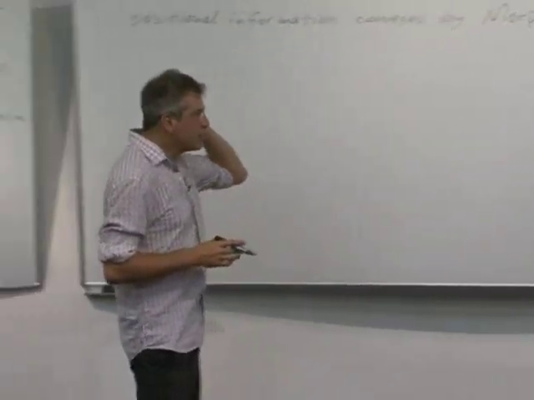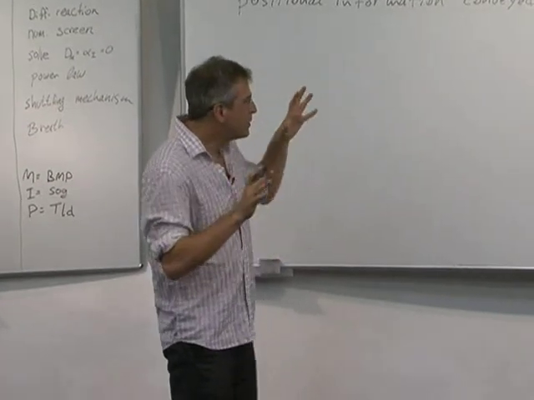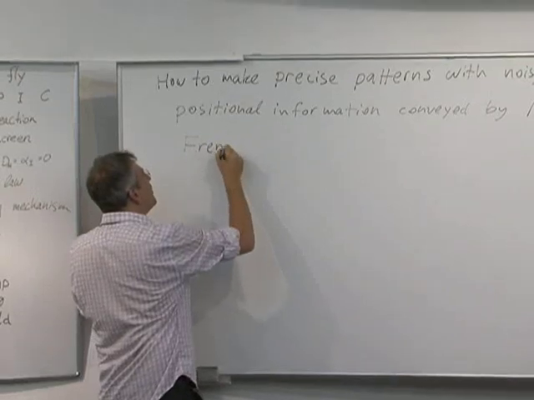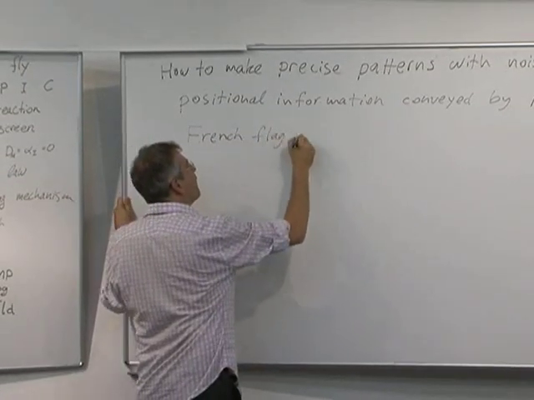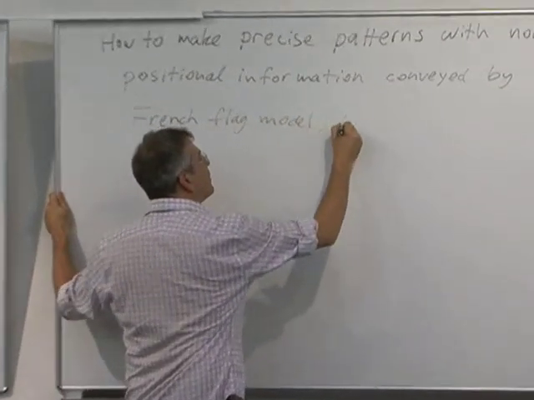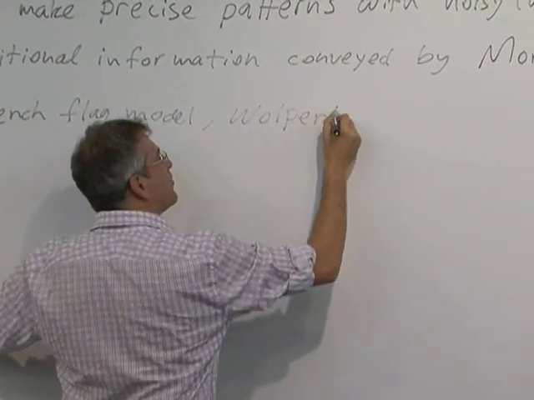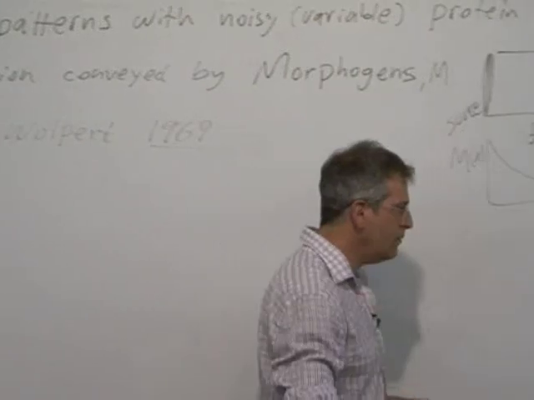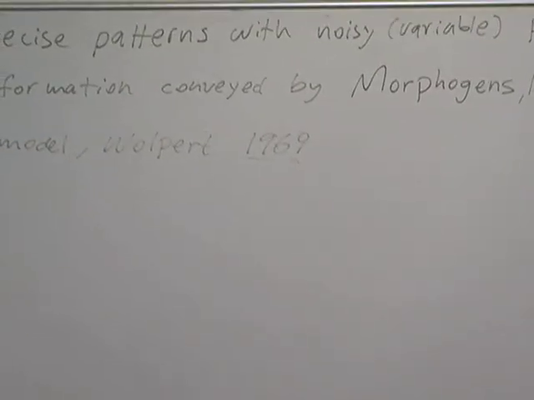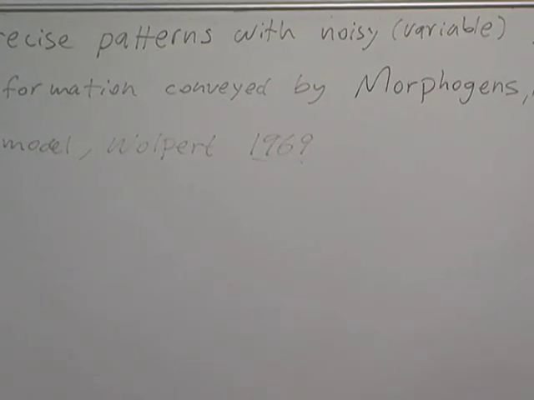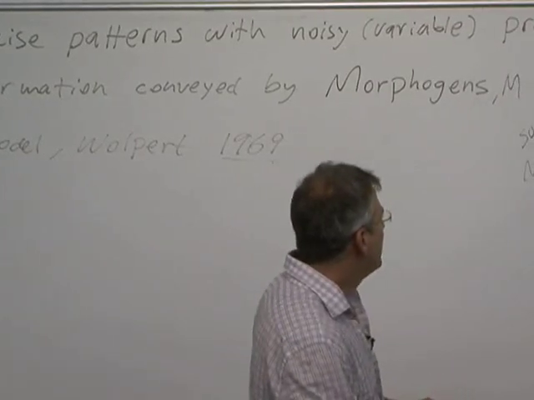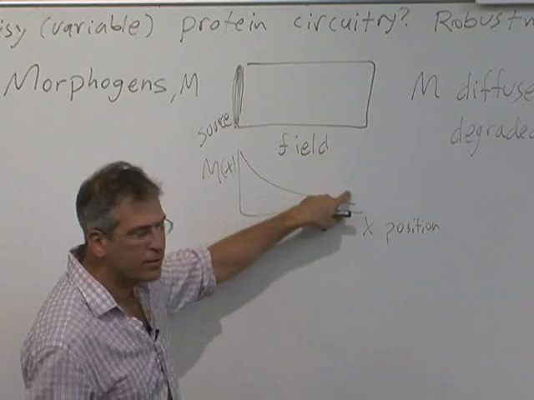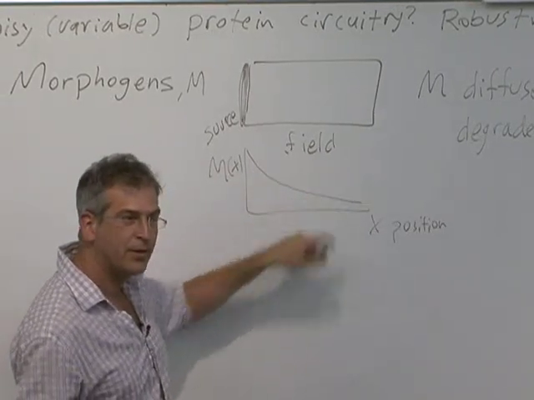The prototypical understanding of the way this works is called the French flag model, which was introduced by Wolpert in the year that I was born, 1969. It says, here's the morphogen diffusing and degrading, so it has a concentration profile.